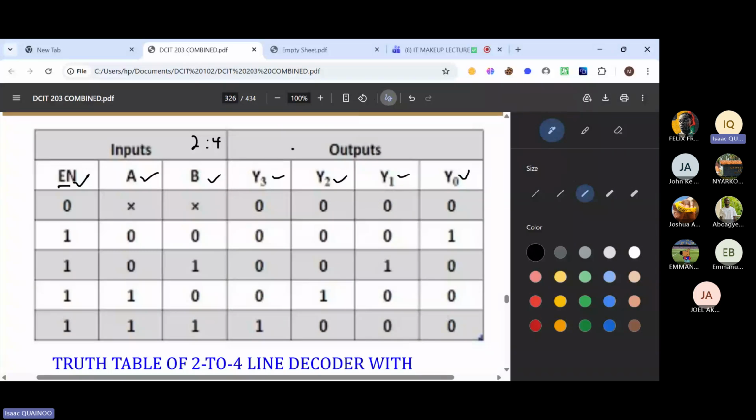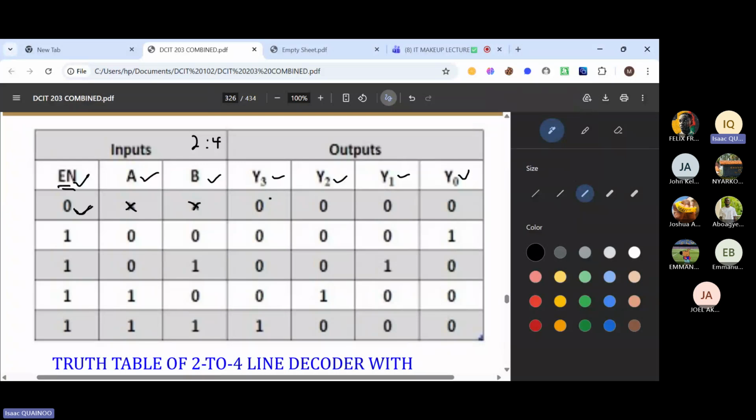So we assume that this circuit is gated, and it is protected with an enable. The state of the enable determines whether the circuit is functioning or not. We said that if the enable is 0, the entire circuit is low or off. If you give it input, it cannot process the input. So if the enable is 0, we don't care what the input is.